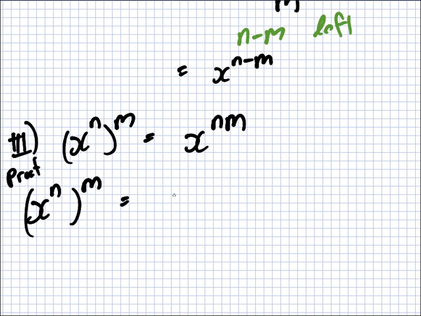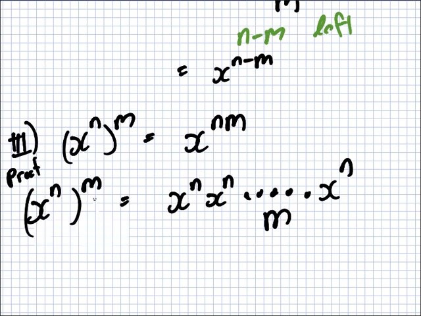Well, we could just use the definition. Power m means we have m of these. This power m is telling us I have m of these. And then we can use rule 1, which changes this into plus.